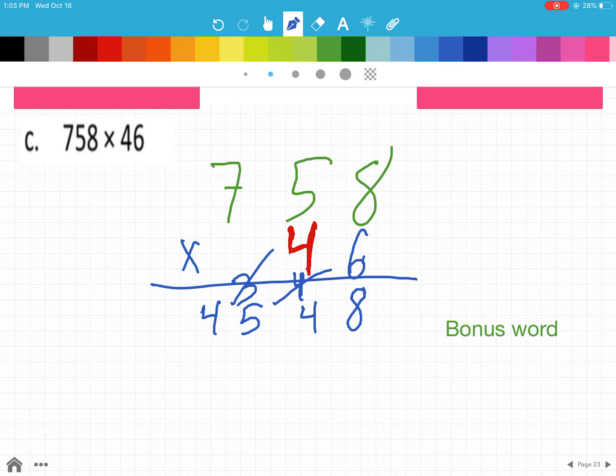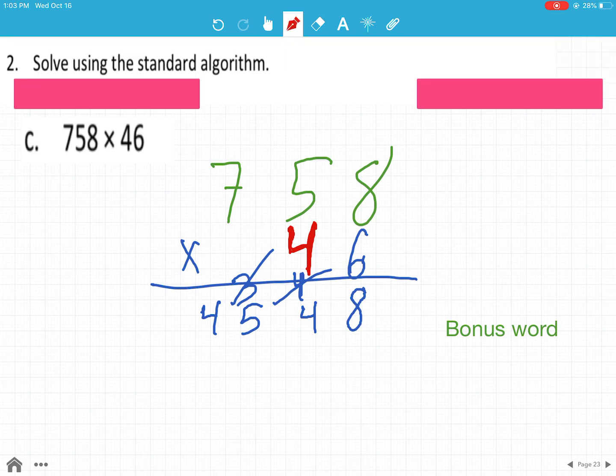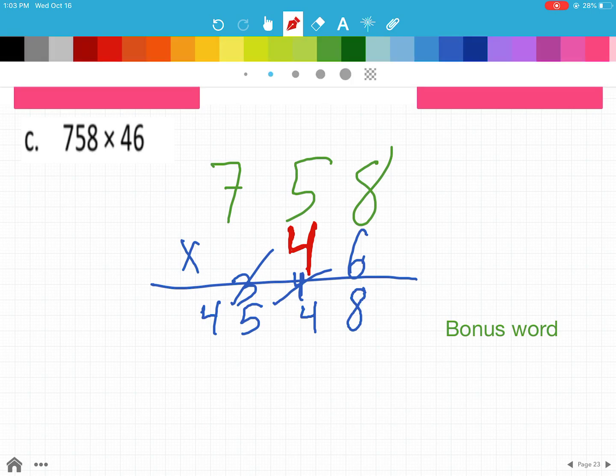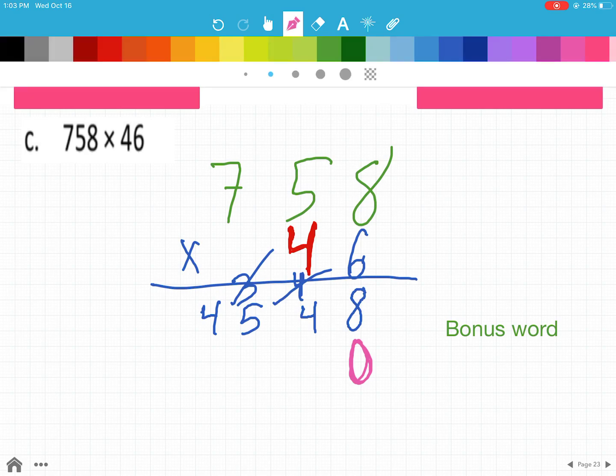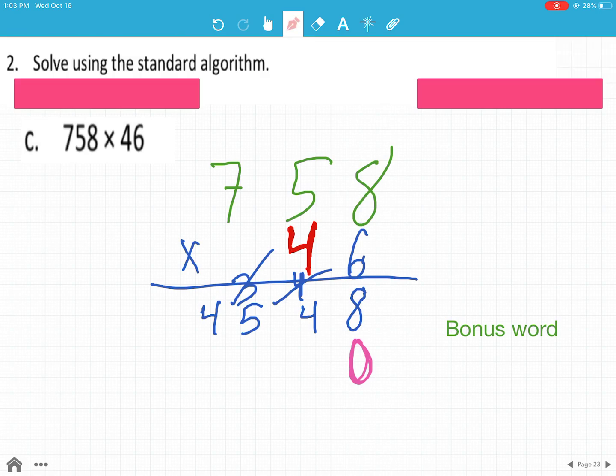All right, now we're going to multiply times 40. That means that we have to put our 0 here. So we have 4 times 8 is 32. We're going to put a 2 there. We're going to put the 3 here. Why there?